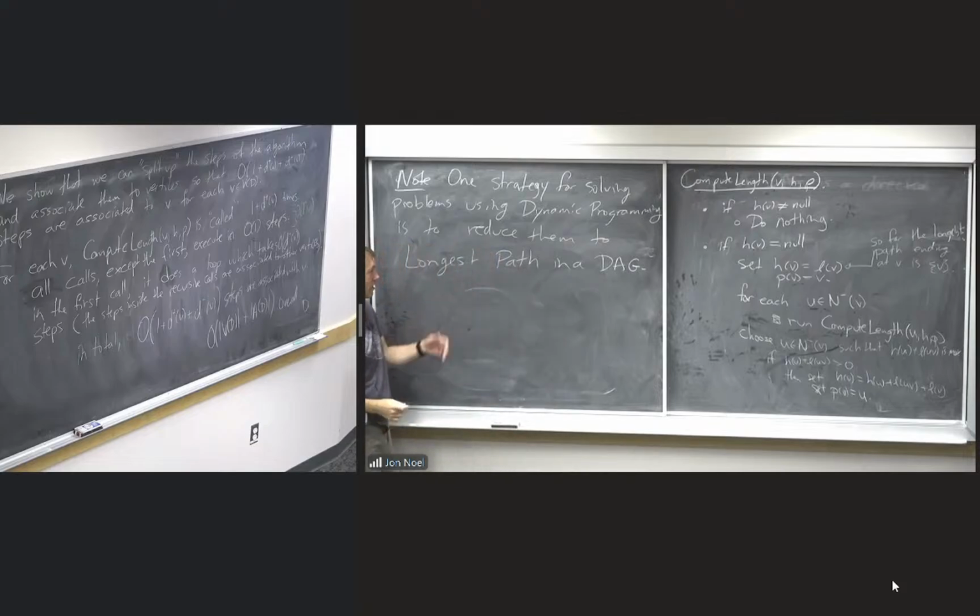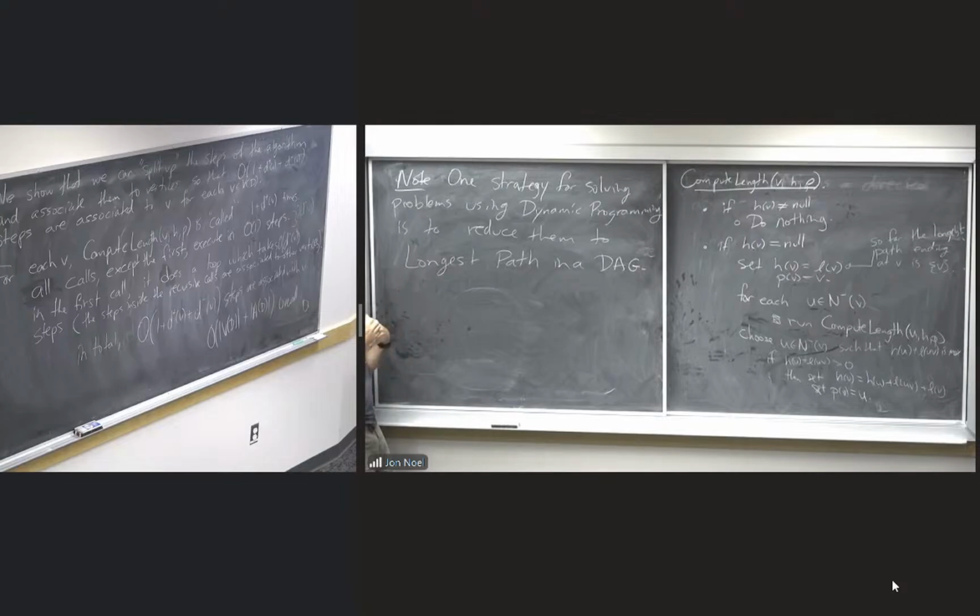I think there are some on your fourth assignment that basically boil down to this. You should just correctly define a digraph, and then the solution to the problem will be the same as solving the longest path problem in that digraph.